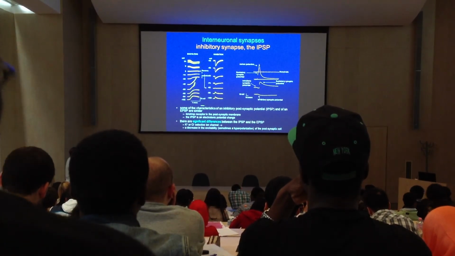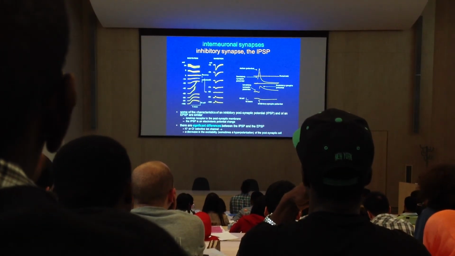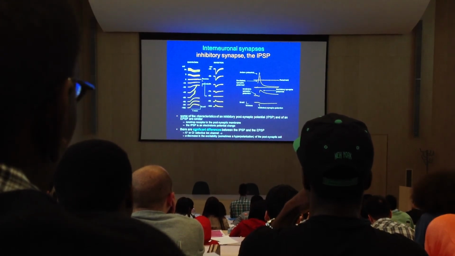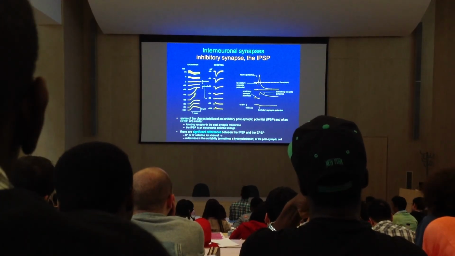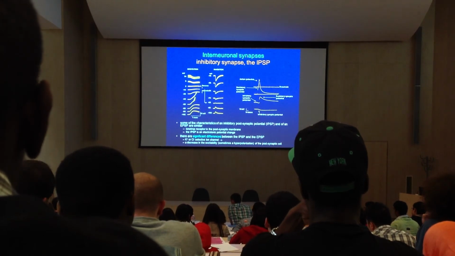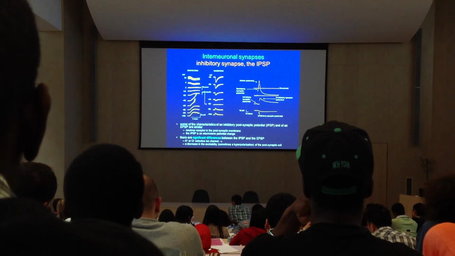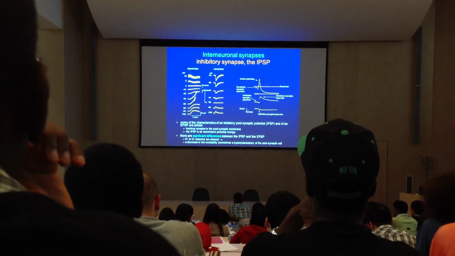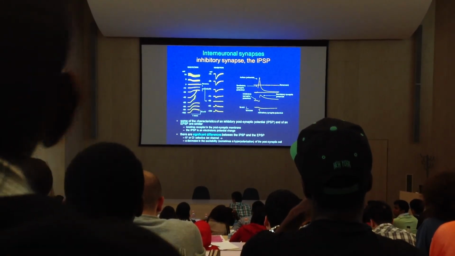Namely, these ionotropic receptors are selective channels. They are either selective for potassium or chloride. And therefore, instead of sodium going in, either potassium comes out and makes the membrane more hyperpolarized, less excitable, or chloride goes in and again makes the membrane hyperpolarized, or if you wish, less excitable.